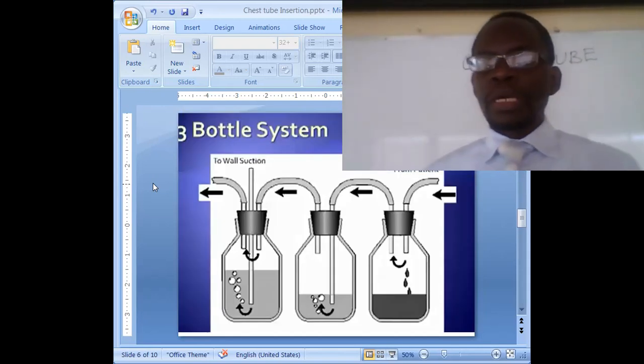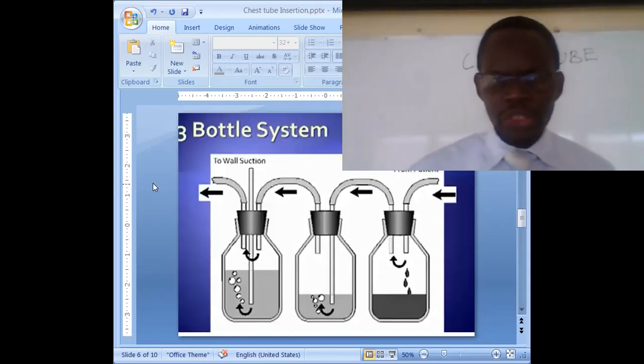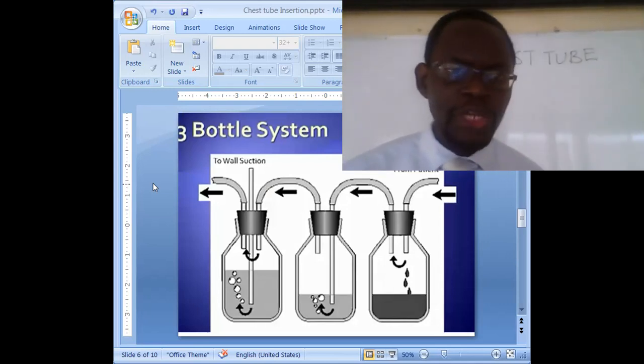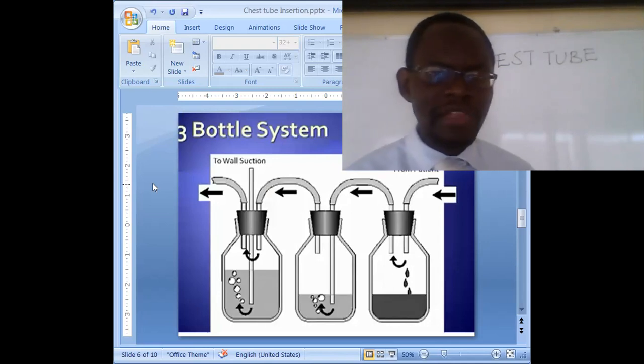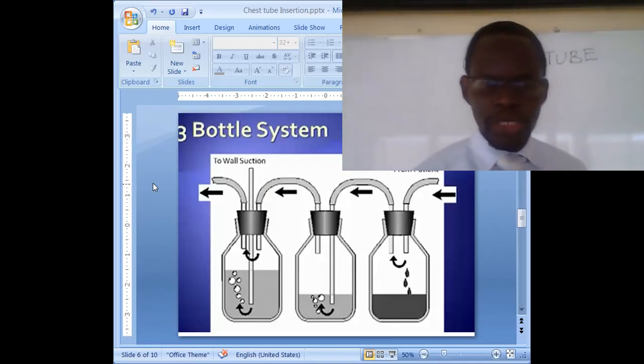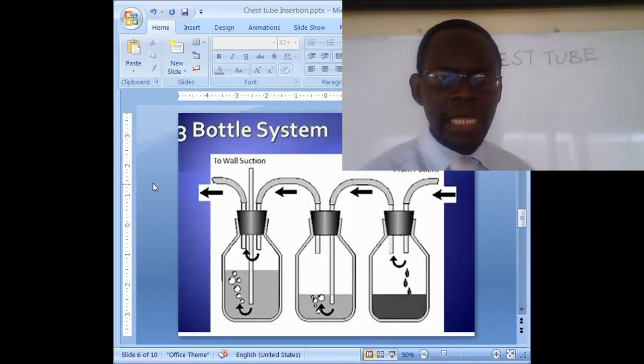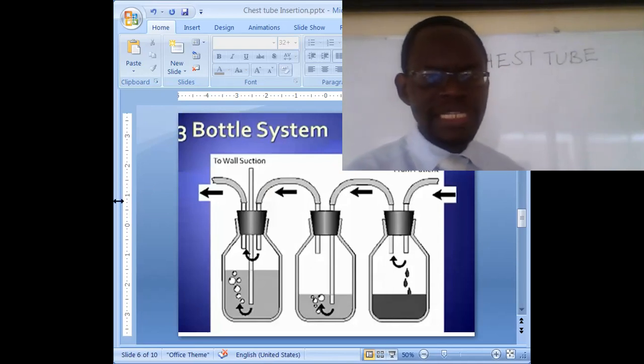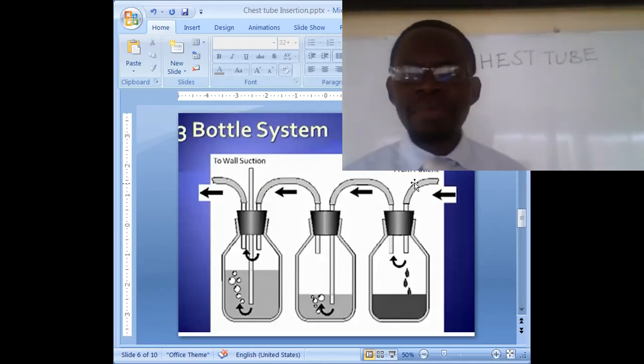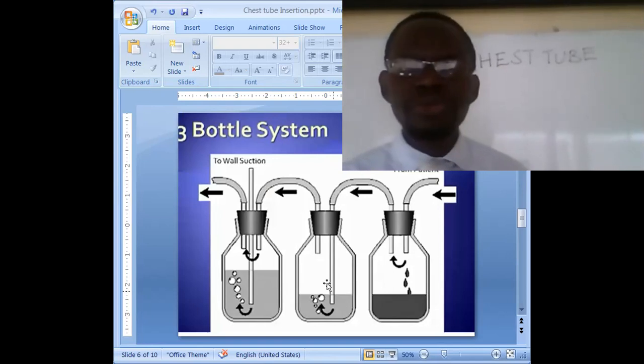Now, that diagram shows us how a chest tube is inserted. What you need to know is that a chest tube operates on a three-bottle system. You have your three bottles: one is coming from the patient, as you can see in the diagram, then another bottle, which we refer to as the water seal bottle, and then another one leading to suction.